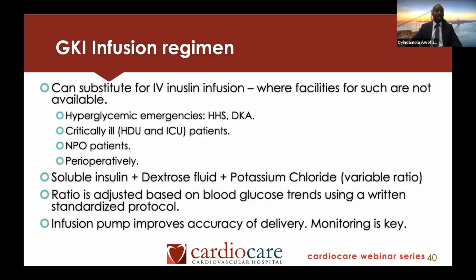But aside from that, the settings in which GKI infusion is relevant are the same settings in which insulin infusion is relevant. So you can consider it a low cost insulin infusion regimen, even though of course it's not as effective.